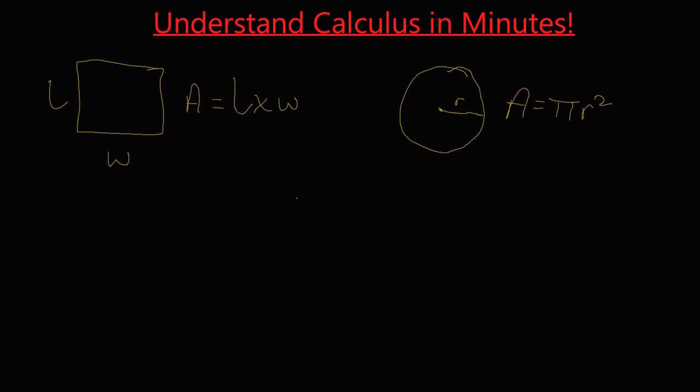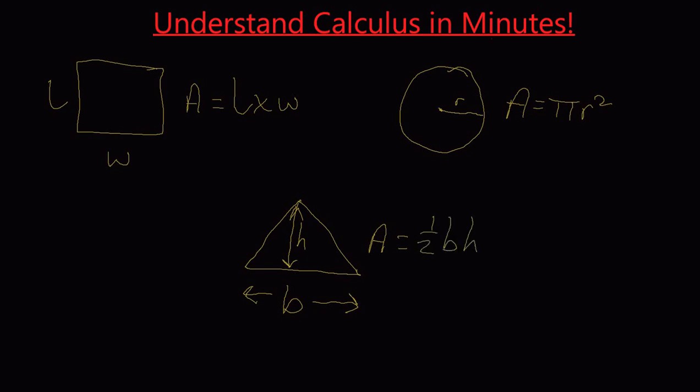If we have a triangle, and that's the base and this is the height, then the area is half of the base times the height. So we are using formulas here.